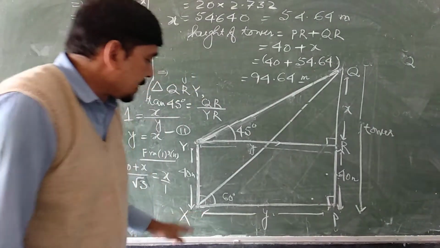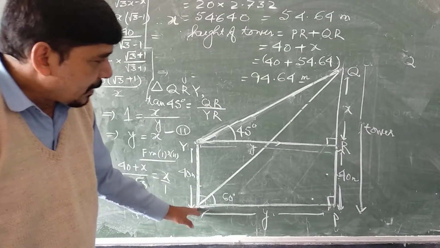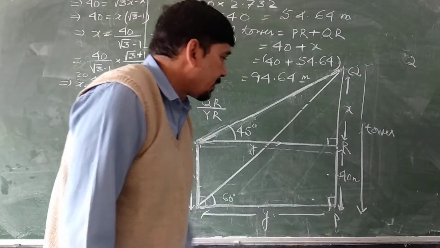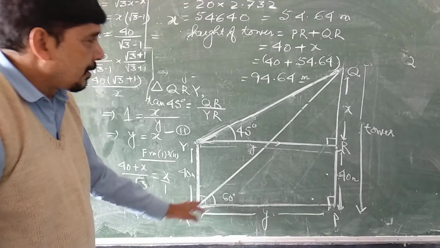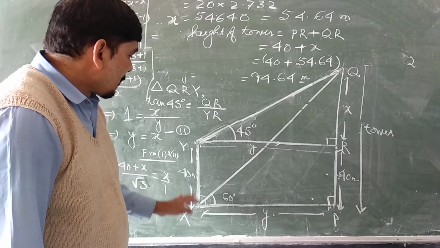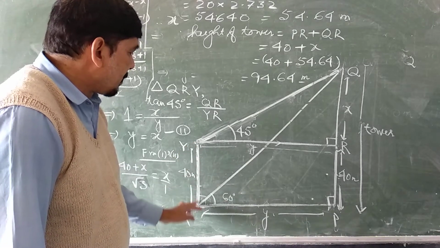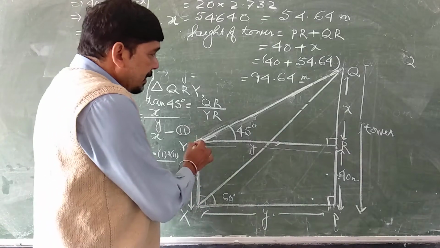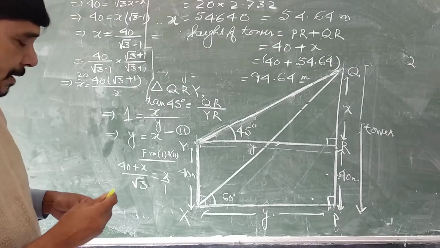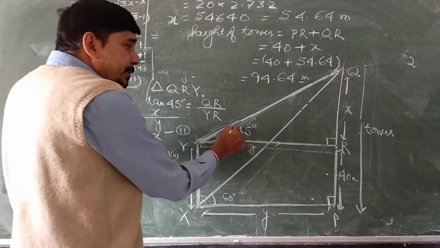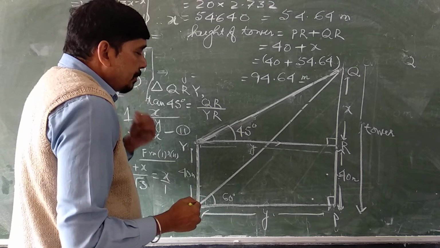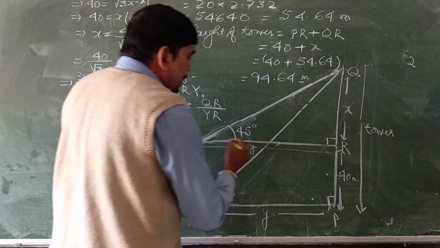Let PX be the position of the ground, and the tower PQ stands at point P. At X, the angle of elevation of top Q is 60 degrees. At point Y, which is 40 meters above X, the angle of elevation is 45 degrees. The angle of elevation is always made with a horizontal line.